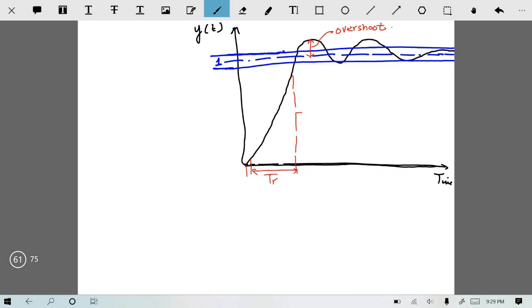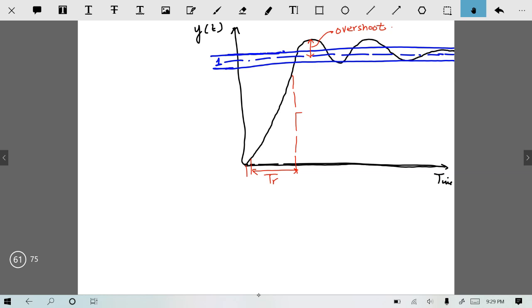The rise time is the amount of time that a system takes in moving its output from around 10% to 90% of its final value.